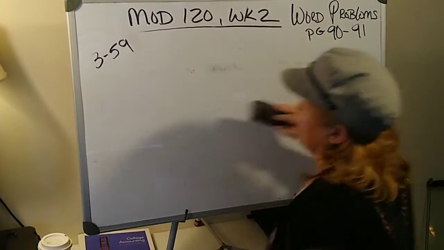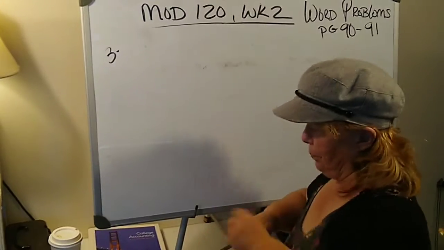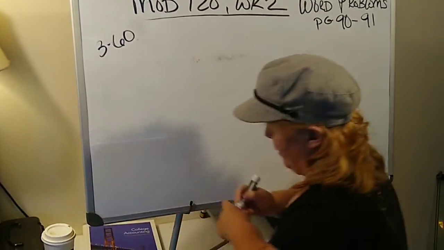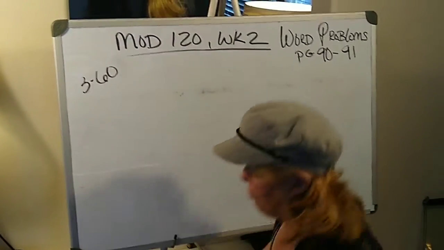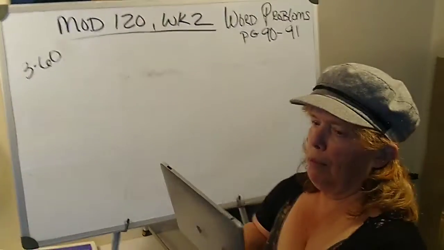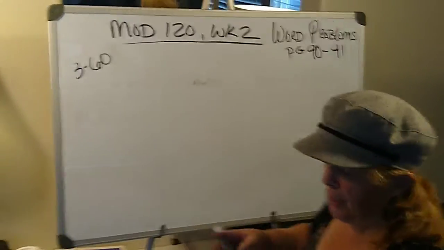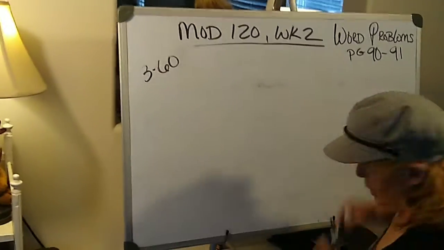Clean this board. I'll do one more, 3-60. And then I'll do some more tomorrow. But this is all I'm going to do for today. All right, 3-60. Again, page 91.